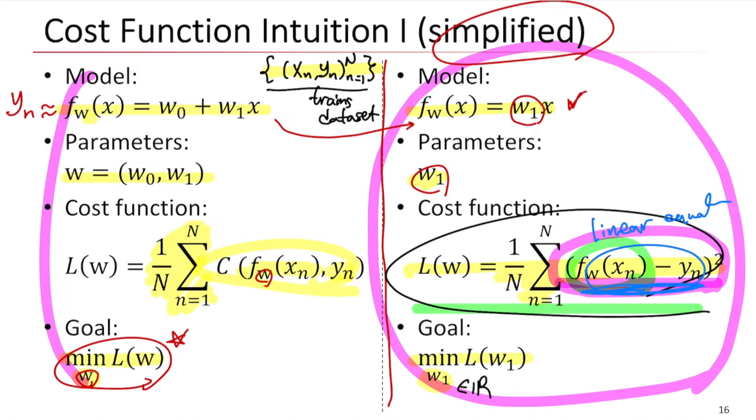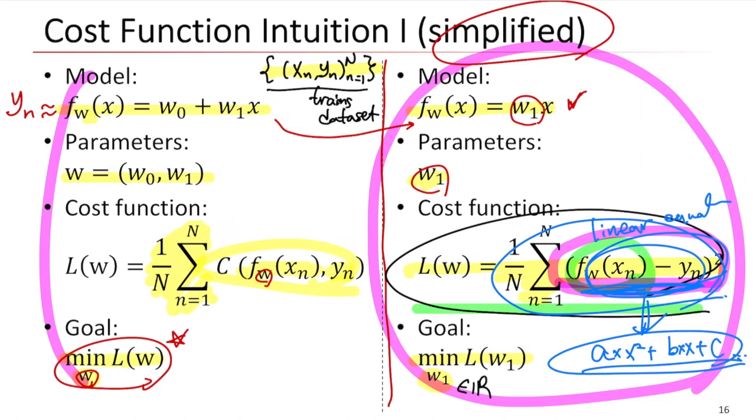If we take the square of a linear equation, it should be a second order equation, right? So this term can be represented with arbitrary numbers as a times x squared plus b times x plus c. So this is the general form of this loss function.